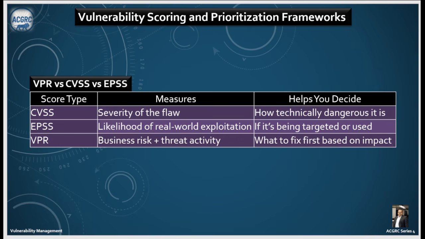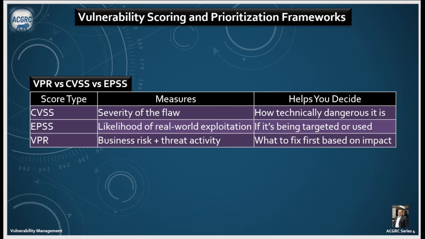In simple language, VPR is a score that tells you how urgently you need to fix a vulnerability based on real world risk. It's a smarter way of ranking vulnerabilities by combining both technical factors like CVSS and real world context like EPSS, threat activity and asset value.